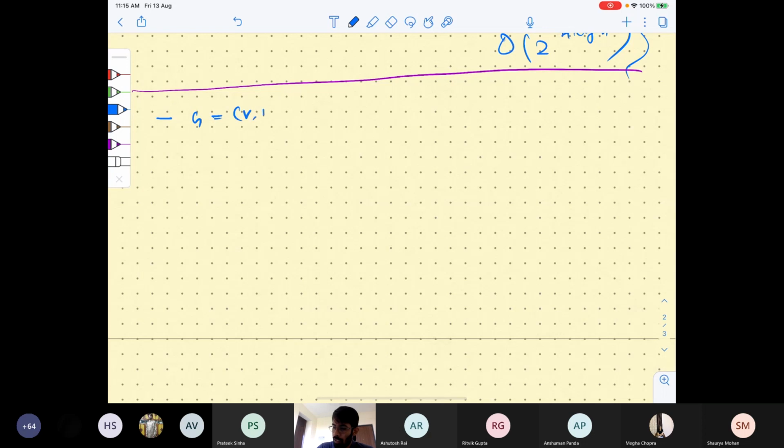So what is a graph? A graph is just a pair, like a tuple, V comma E, where V is the set of vertices. I'll just write vertices instead of set of vertices, just for time. And E is a subset of V cross V called edges, right? And you have directed graphs also, where the order of an edge matters, and then you have undirected graphs where order does not matter.